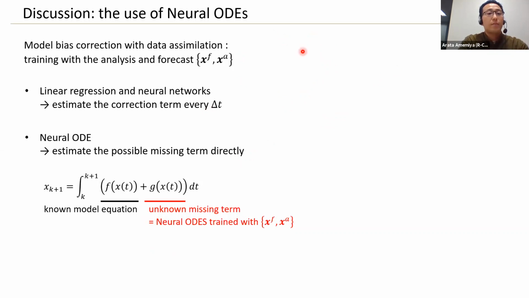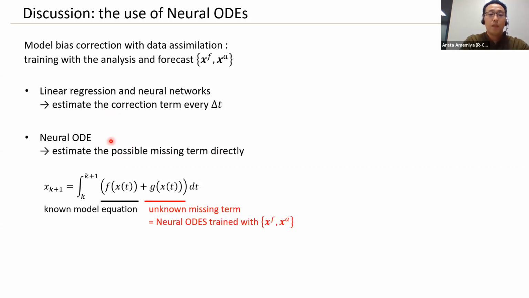So this is the last slide. We have considered model bias correction with data simulation using the analysis and the forecast with the time interval delta T. If we use linear regression or neural networks to estimate the correction term, that correction term is the difference between the forecast and analysis every delta T. But if we use neural ODE for this purpose, neural ODE estimates the right-hand side of the forecast, the dynamics, the basic function.